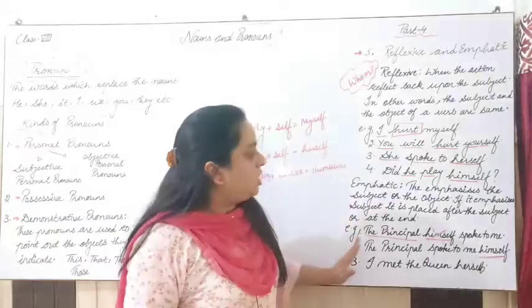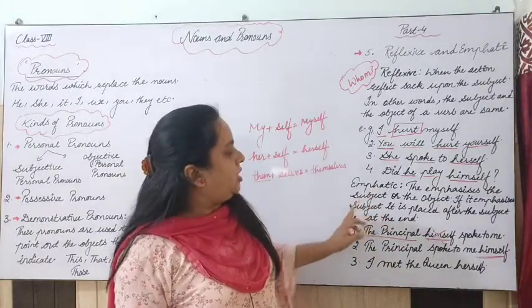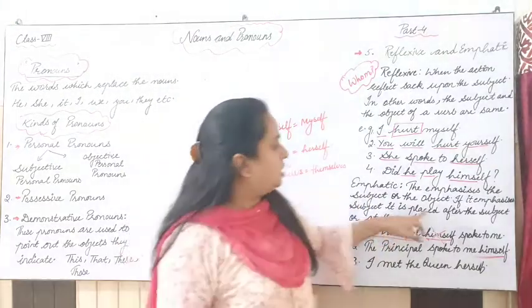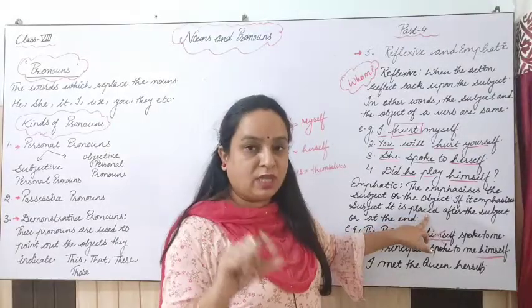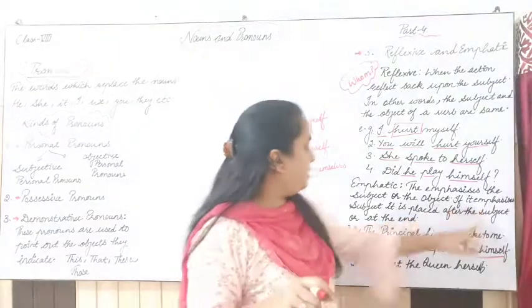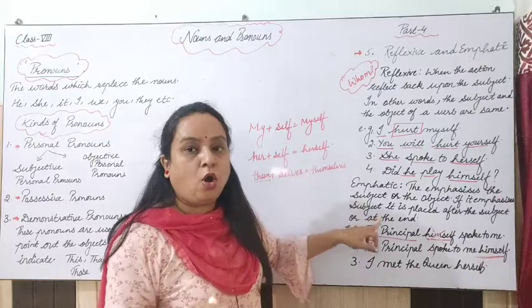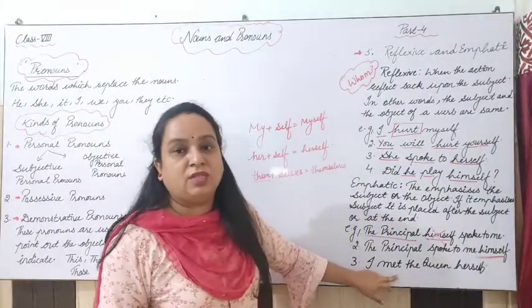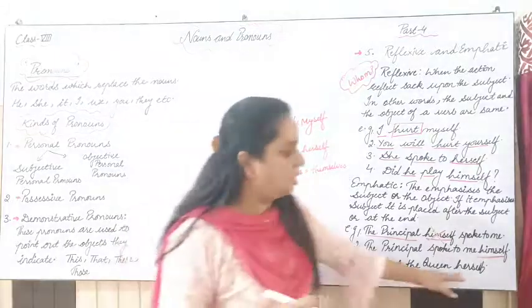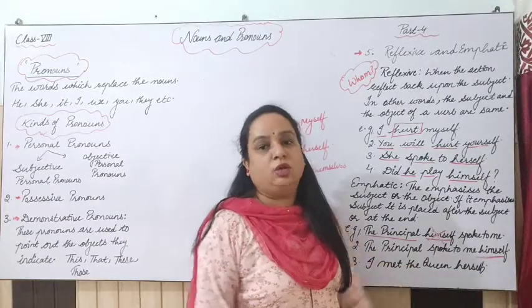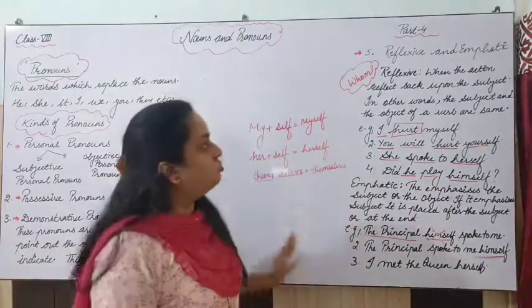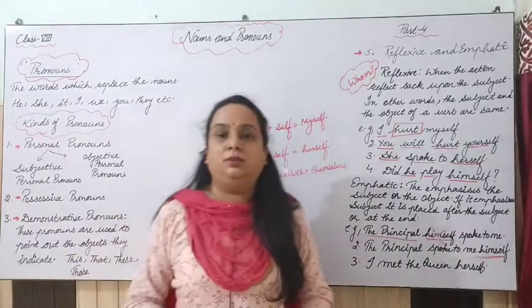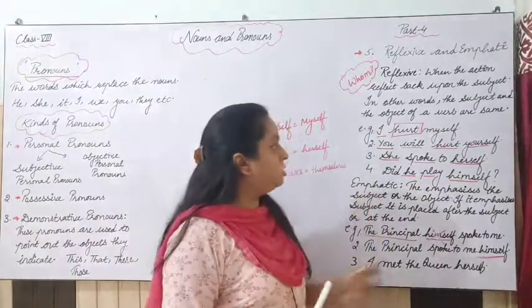But if it emphasizes the subject, then it is placed after the subject or at the end, right? But if it is emphasizing the object, it is working as an object. So this was the difference, and I think it is quite interesting.